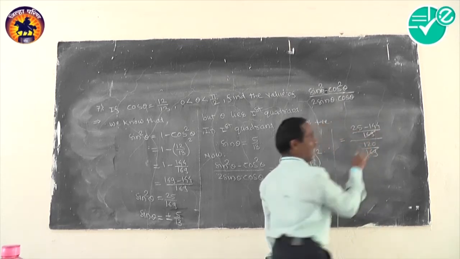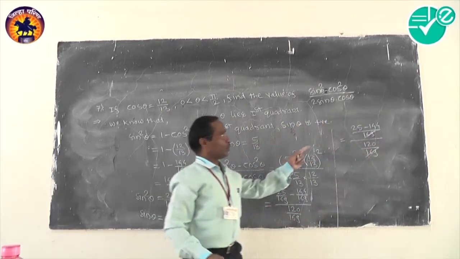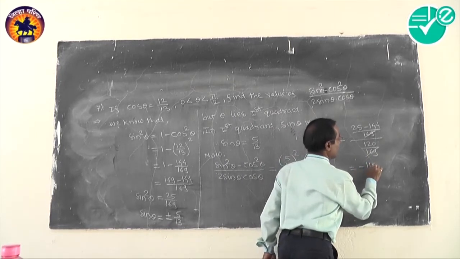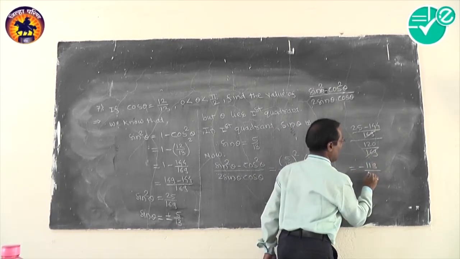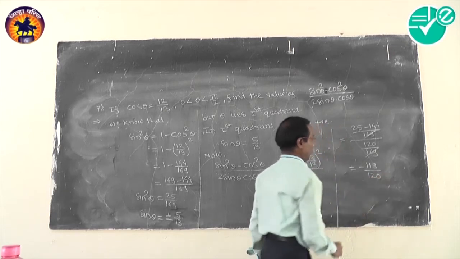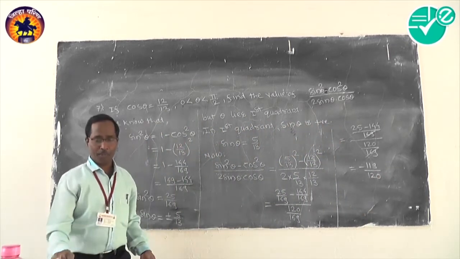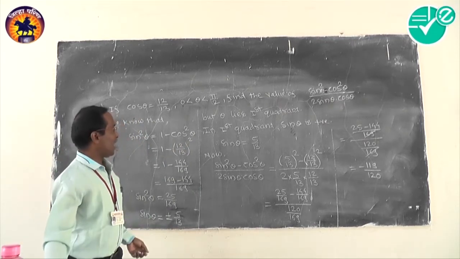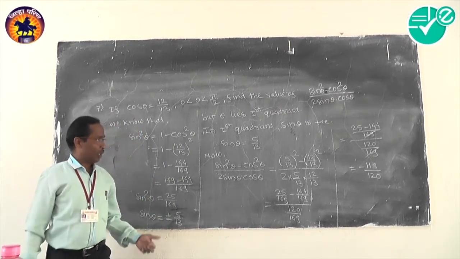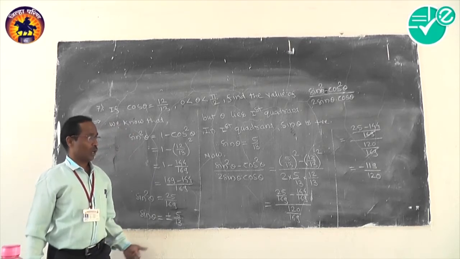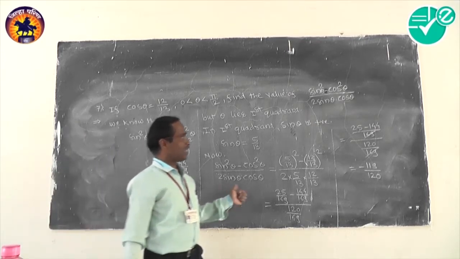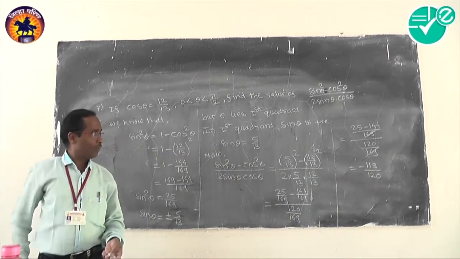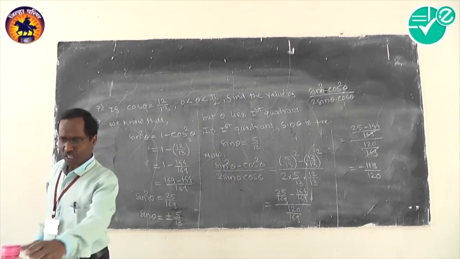So 169 will get cancelled. Now 25 minus 144 can be written as minus 119 upon 120. So this is the value of sin square theta minus cos square theta upon 2 sin theta into cos theta. The value of this expression is minus 119 upon 120.